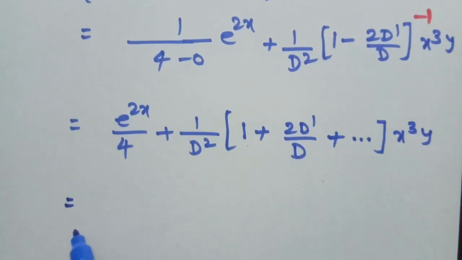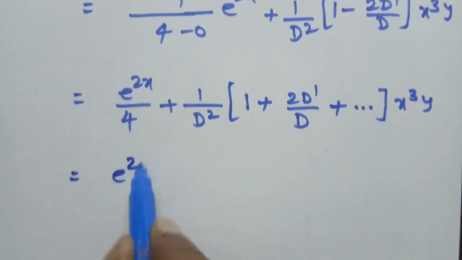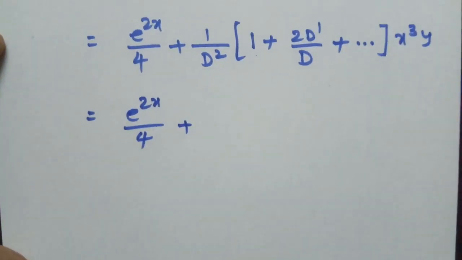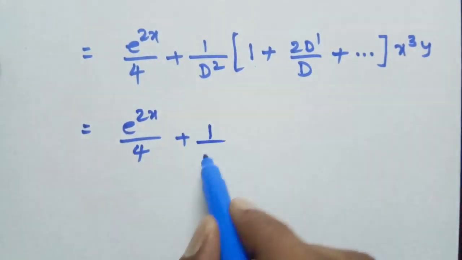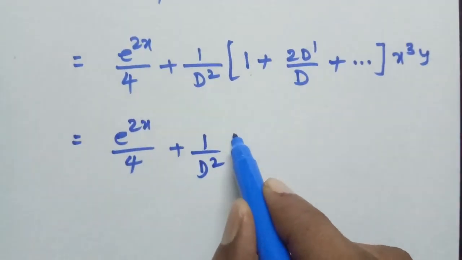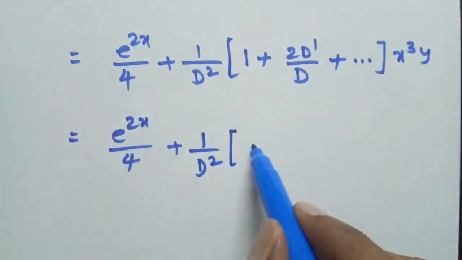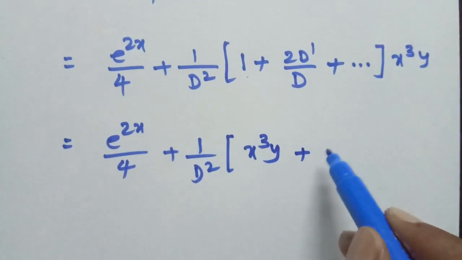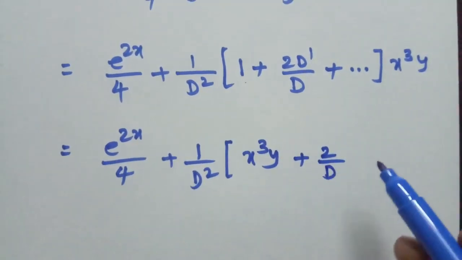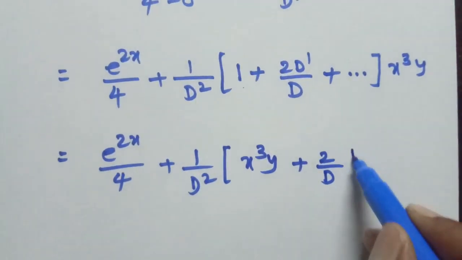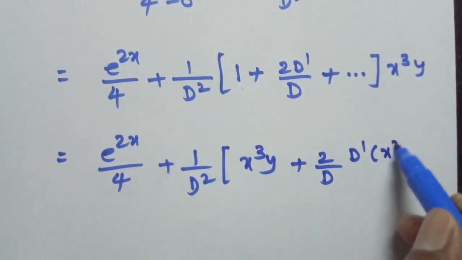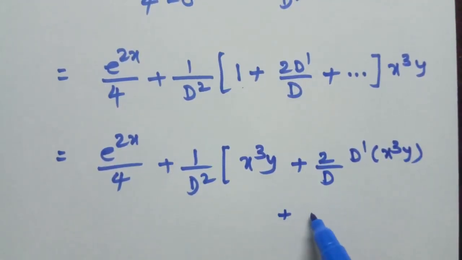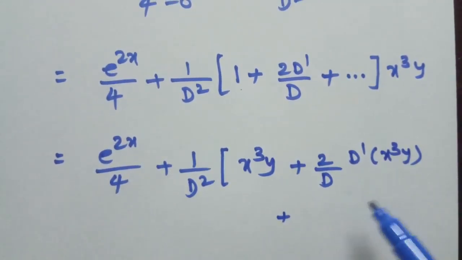Therefore this is equal to e power 2x by 4 plus 1 by D square into x cube into y plus 2 by D into D dash of x cube into y plus and so on, because we are not writing.